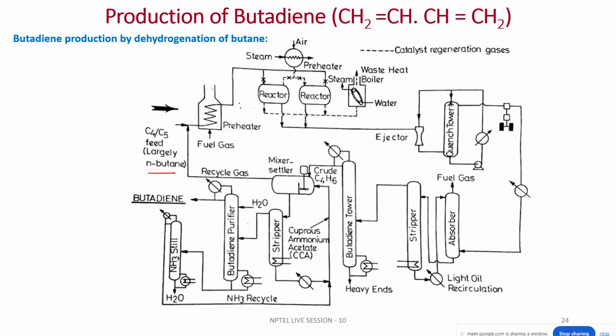It is preheated and then mixed with the recycled gas and preheated to reaction temperature prior to contact with the catalyst in the fixed bed reactor and regenerative heating reactor system. There are a pair of reactors which maintain an adiabatic cycle with the heat of reaction required during the process, because it is endothermic in nature.